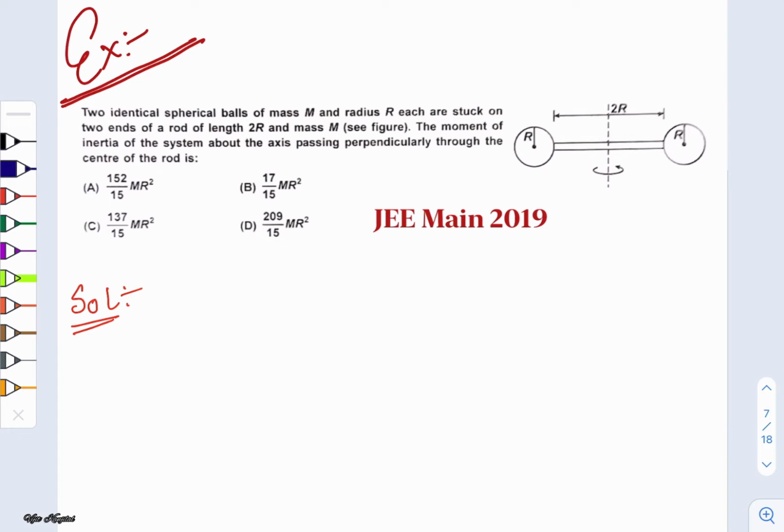So what is the moment of inertia of this rod with respect to the axis of rotation given here? So this is the axis of rotation. We are given a rod of length 2r and mass m.